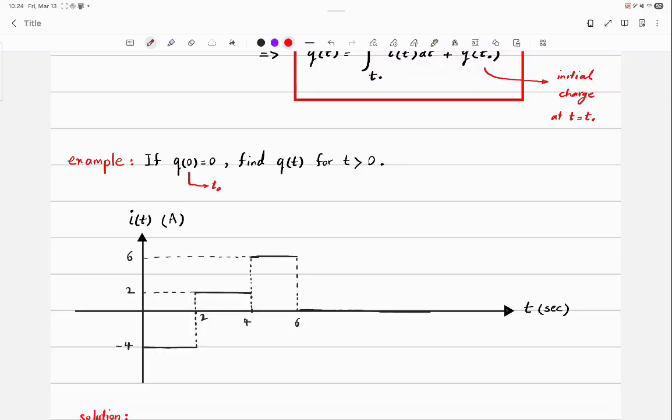Negative 8. It's equal to 2t' from 2 to t, minus 8. So it's going to be 2t minus 4 minus 8, right?